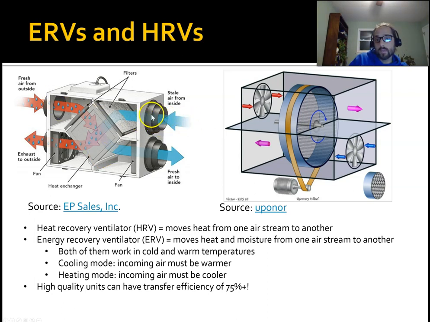So we take the cool air out, and as it crosses through this heat exchanger, this cool airstream pulls heat from that hot air that's coming in before it is exhausted.